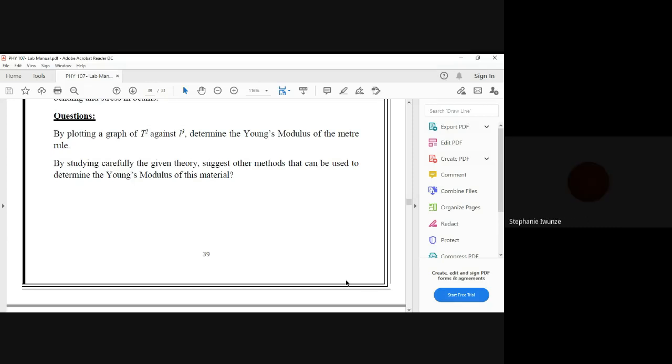Chisholm, can you read the second paragraph? By studying carefully the given theory, suggest other methods that can be used to determine the Young's modulus of this material.